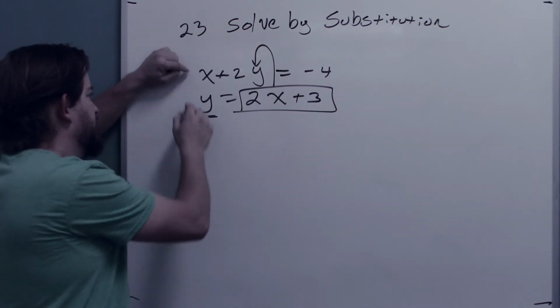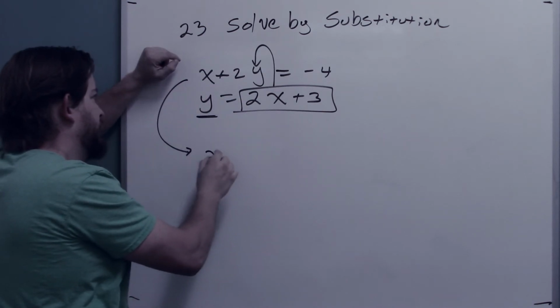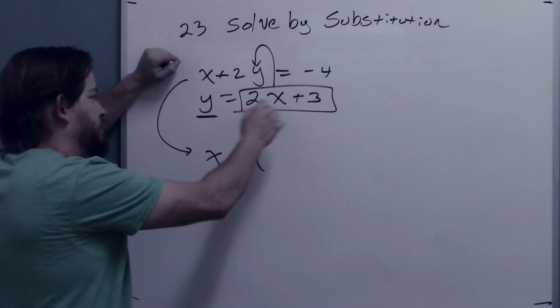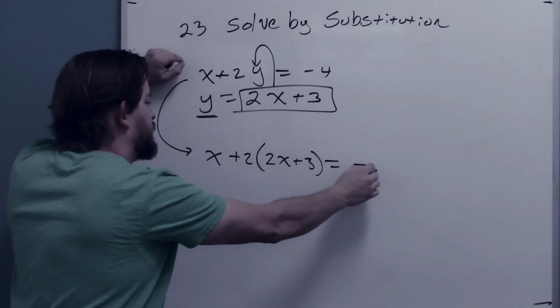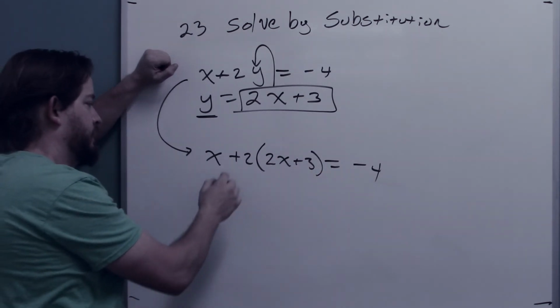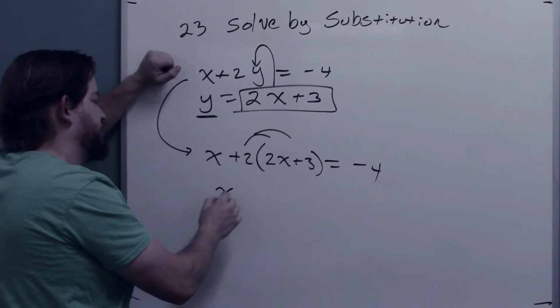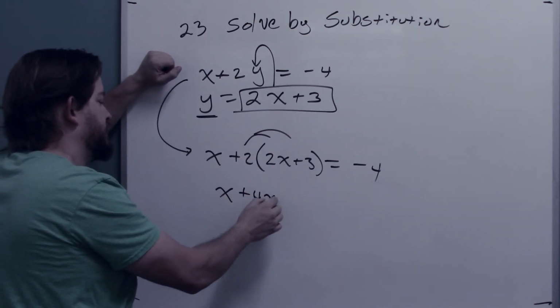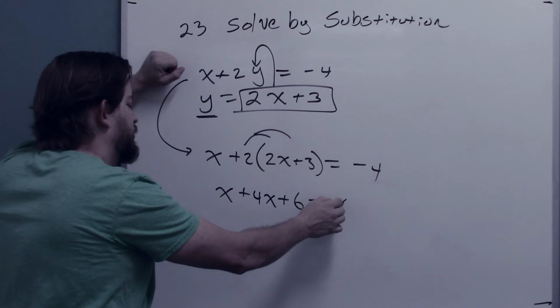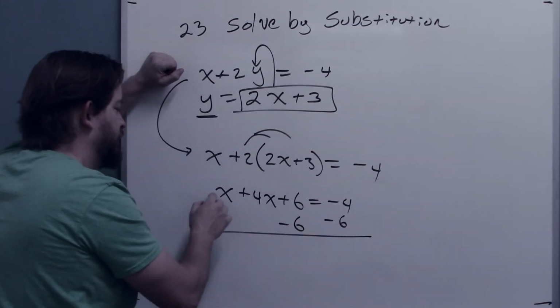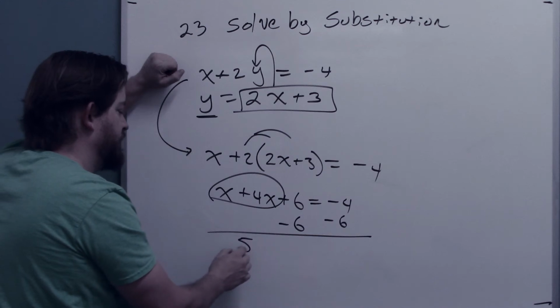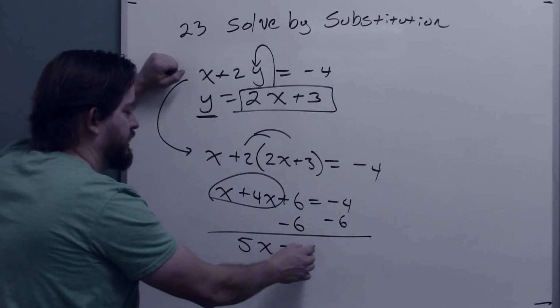So that becomes x plus 2y, which is 2x plus 3, is equal to -4. Distribute that too, so I have x plus 4x plus 6 is equal to -4. I'm going to subtract 6 from both sides and then combine my x's together to give me 5x equals -10.